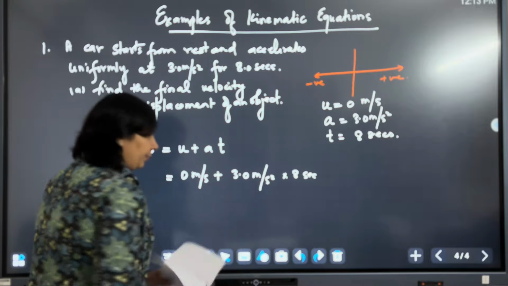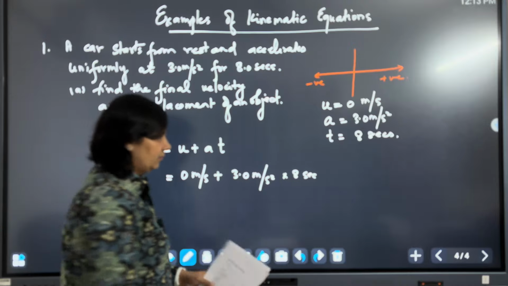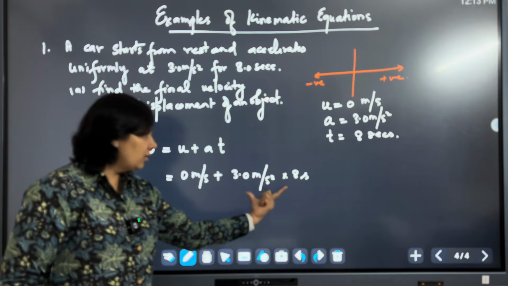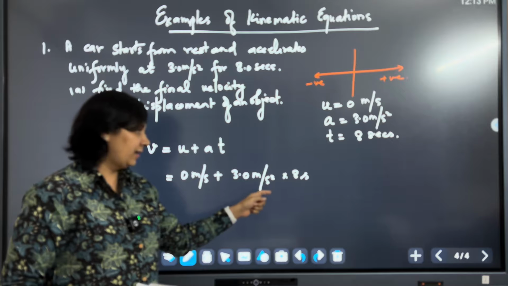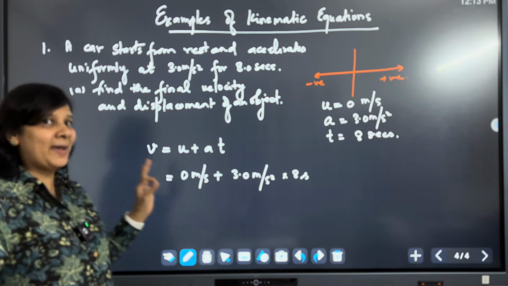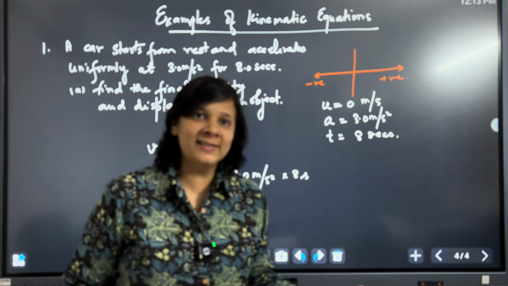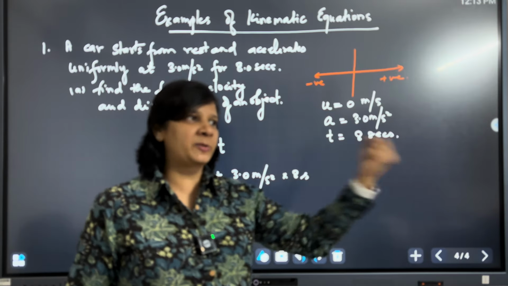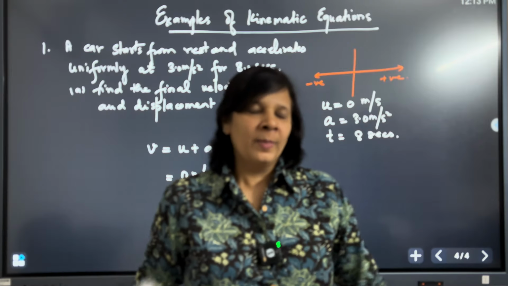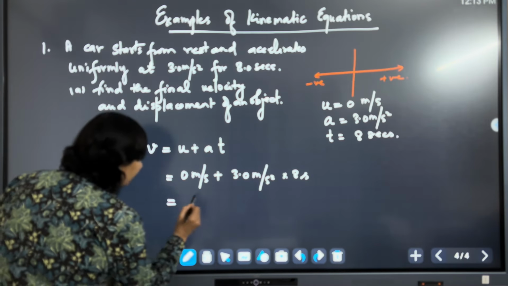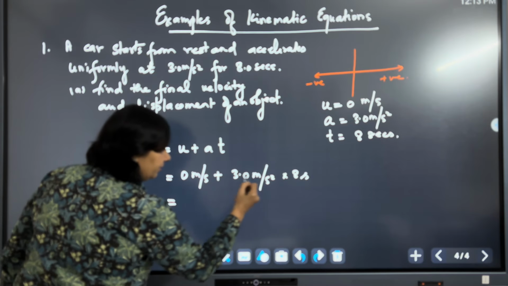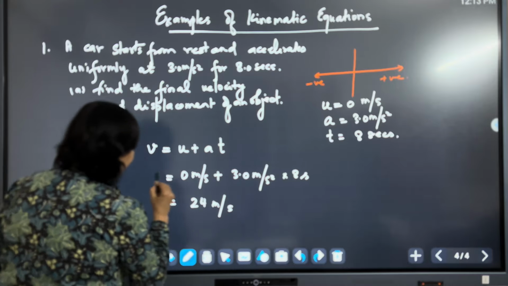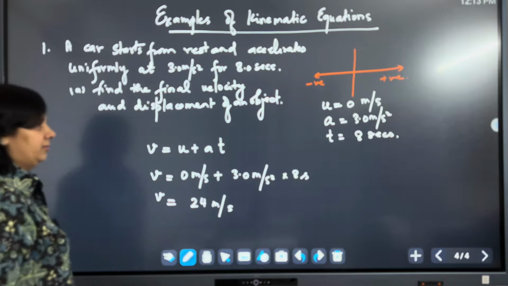So now here this is second, 8s I will write. This second will cancel with this, so the unit of this will be meter per second. If left hand side has dimensions of velocity, the right hand side should also have a dimension of velocity, right? It is not possible that I am equating displacement and velocity, right? So one has to be careful. So now this will be 0, 8 3s are 24 meter per second. This is the final velocity of an object.